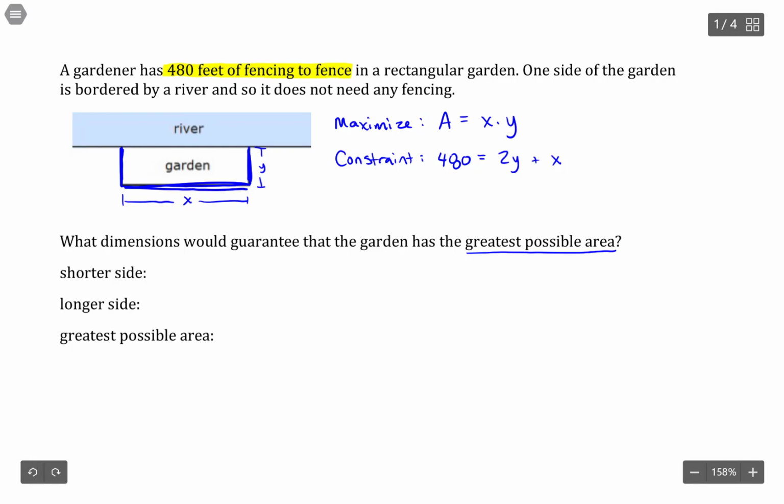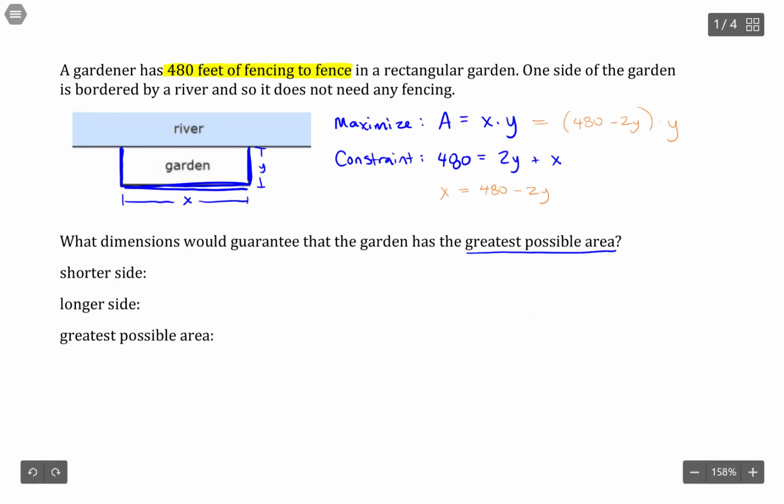I could say that x is equal to 480 minus 2y. I've just moved the 2y to the other side, and that gives me some way of expressing x in terms of y. Then I can replace into my formula up above for area: x, which is now 480 minus 2y, multiplied by the same y variable that I had.